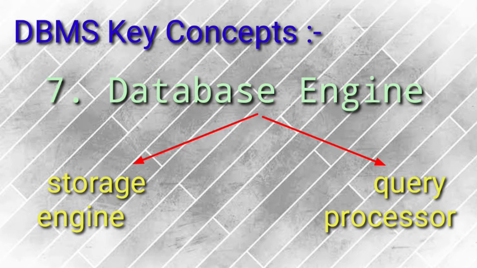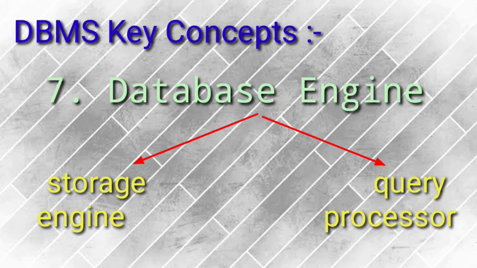The storage engine writes data to and retrieves data from the table. The query processor accepts and executes your SQL command. So the storage engine is something which writes your data. Whenever you put data into the table, it is written in the storage engine, and whenever you try to retrieve it, it is accessed from the same storage area, which is on the disk.